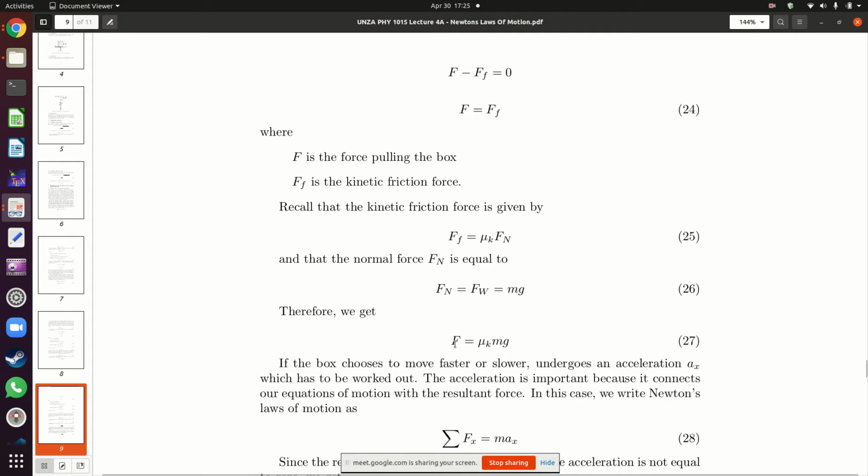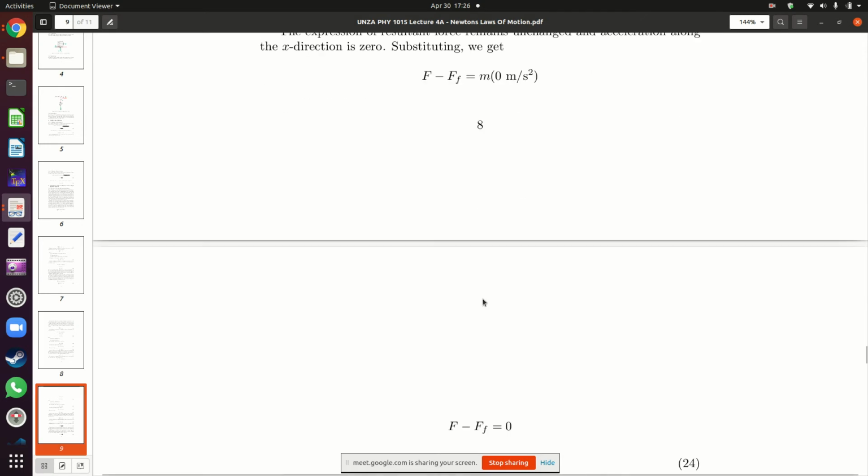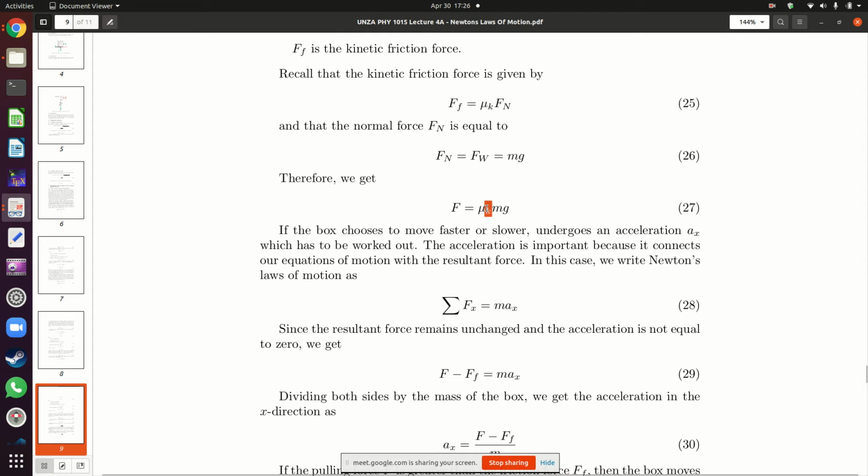So you can see the force in equation 27 is mu k multiplied by mg. Then in equation 22, the force is mu s multiplied by mg. However, mu s is always greater than mu k.